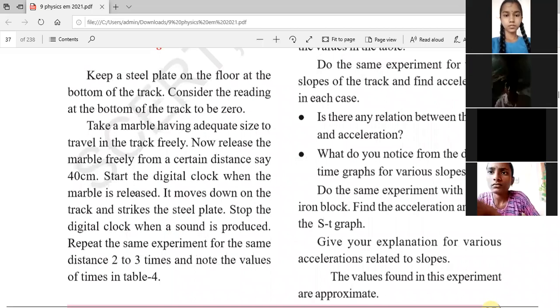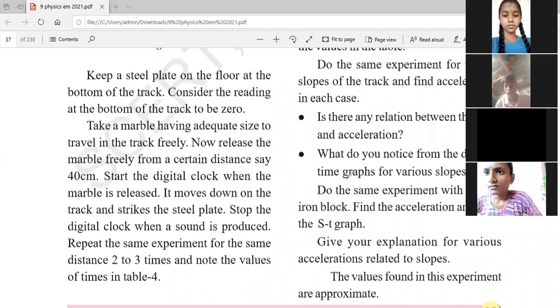So here, see, what do you notice from the distance and time graph for various slopes? Here the slope is increasing. For the various slopes, the distance and time are also changing. Yes, it is increasing here. The average speed is increasing. Acceleration is increasing.